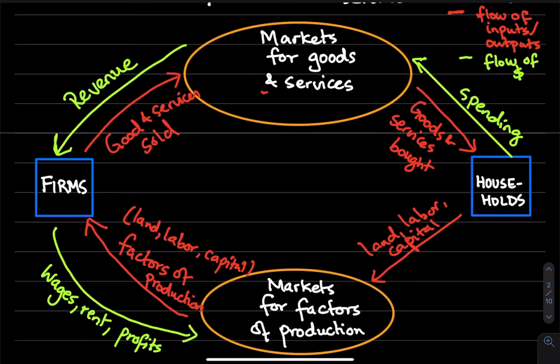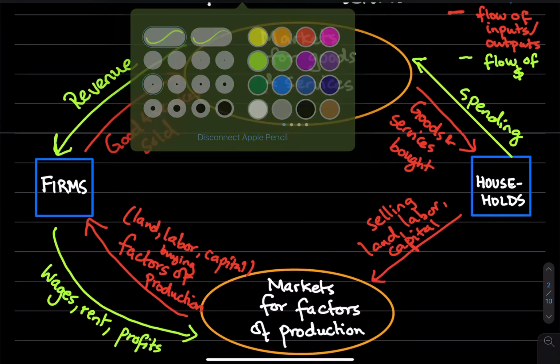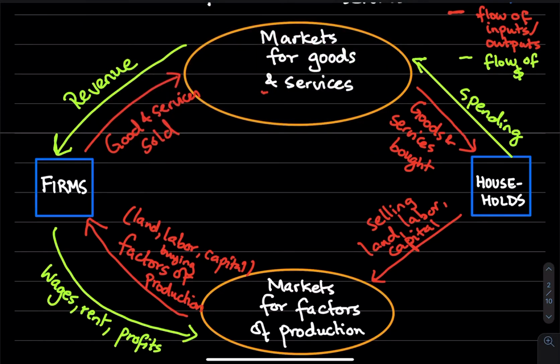Okay, so they're selling this in this market, and this is buying going on here. Okay, and so what should flow back then to the households? The households should be receiving income in exchange for these factors of production.